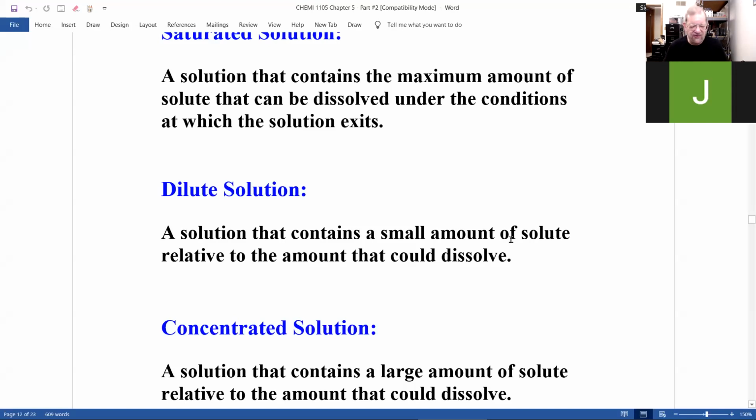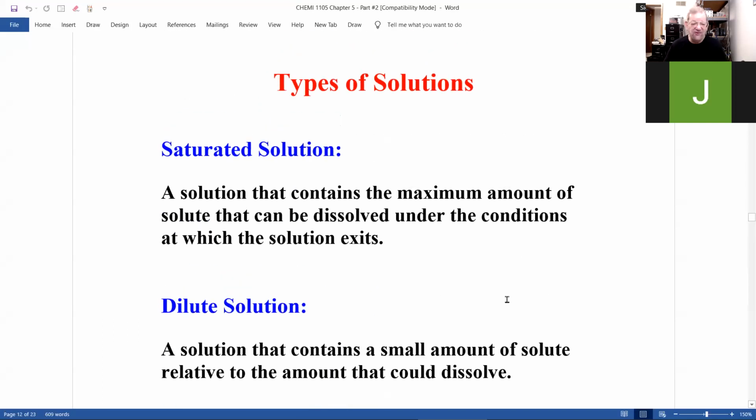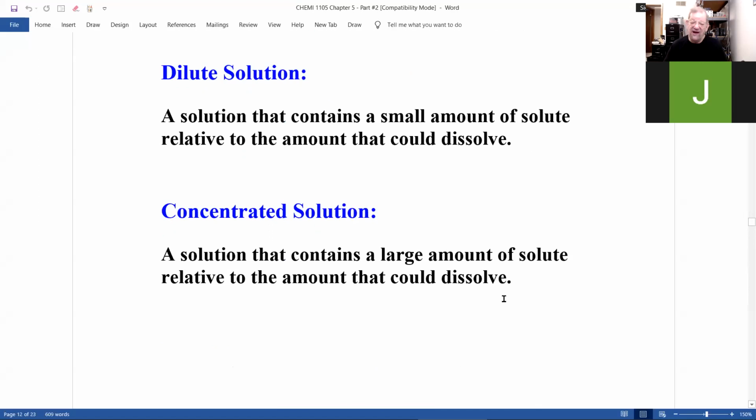Next, a concentrated solution is a solution that contains a large amount of solute relative to what could dissolve. You're not at a saturated solution, but you still have a lot of solute. Remember, solute is one of the components present in a solution that's not in the greatest amount, because the one in the greatest amount is the solvent.